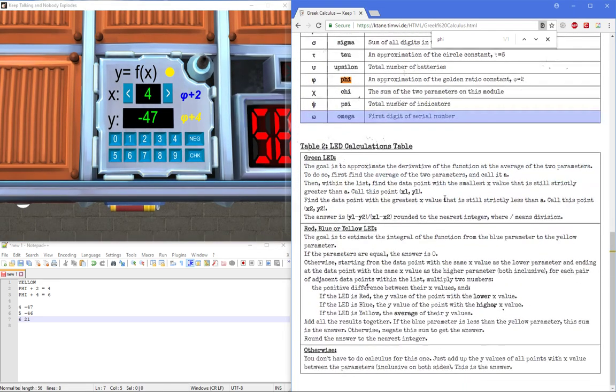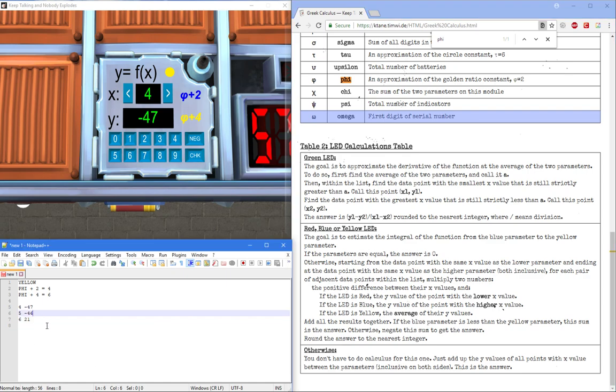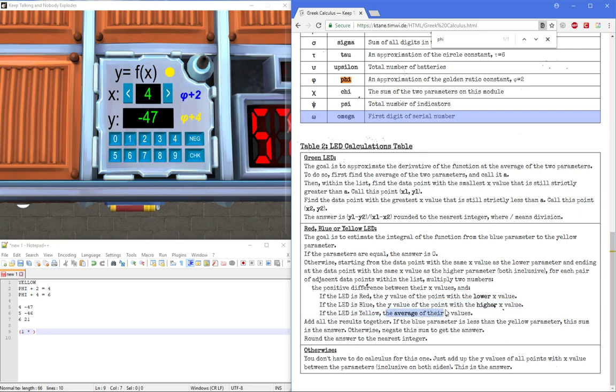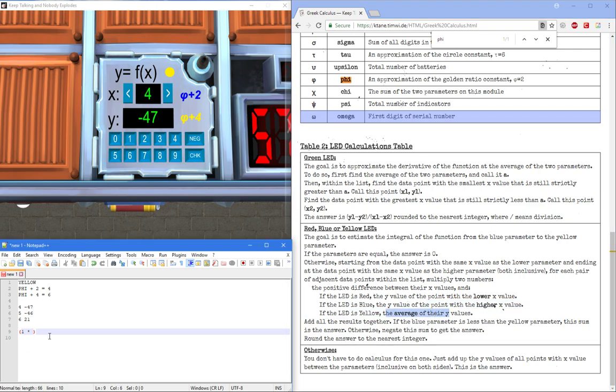So on a yellow LED, of course, we multiply by the positive difference between the x values. So that's going to be 1 times, and for yellow, it's the average of their y values. So the average of the y values of negative 47 and negative 46.